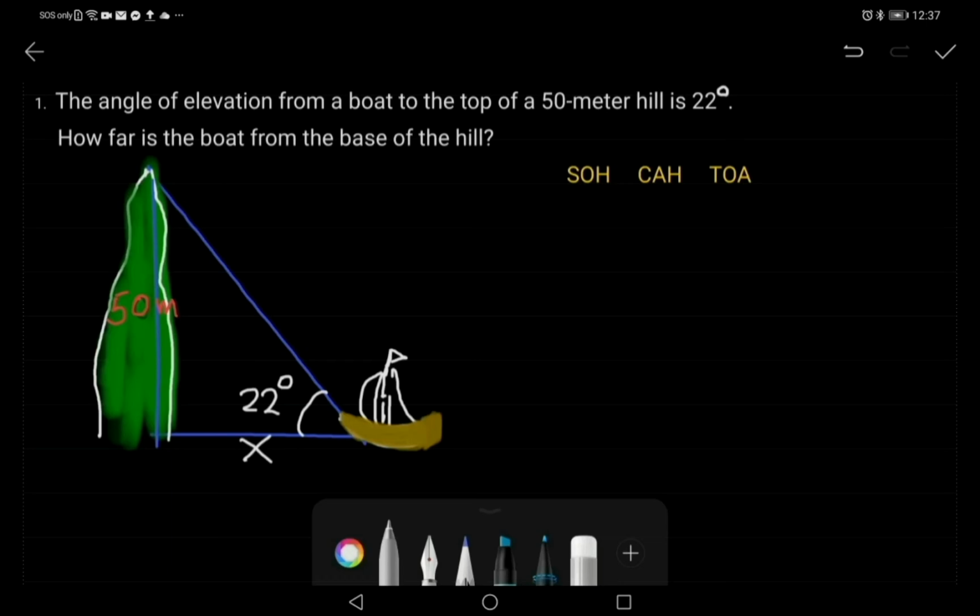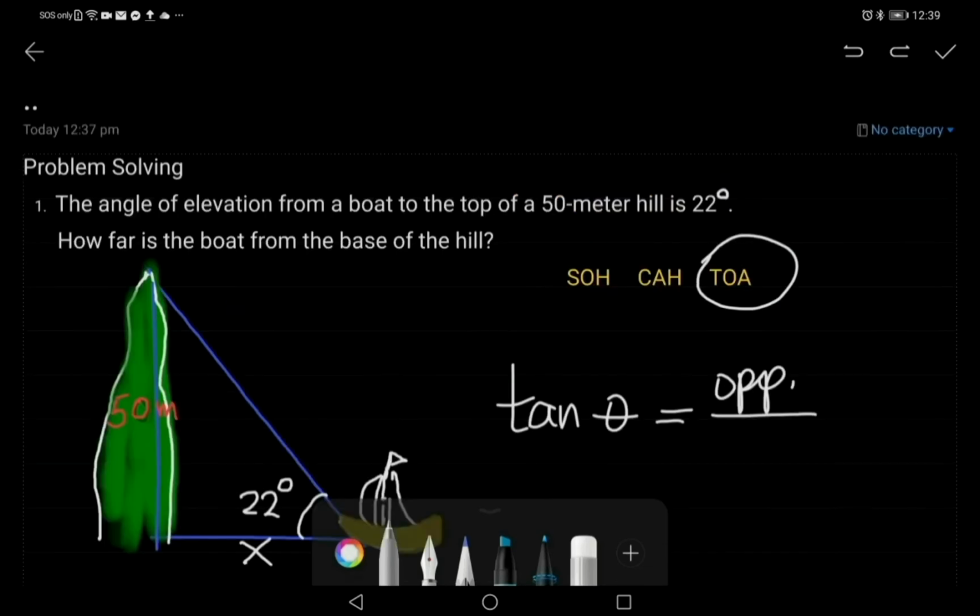From the trigonometric ratios, we can use TOA, this one, because it has opposite and adjacent. So tangent theta equals opposite over adjacent.